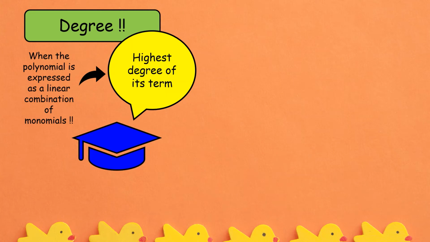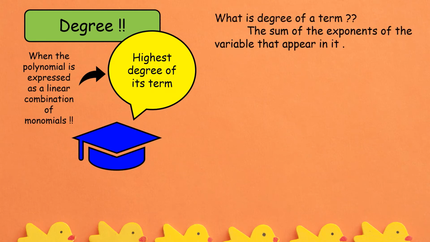Degree is defined as the highest degree of a monomial within a polynomial. Thus, when a polynomial equation has one variable which has the highest exponent, that will be called the degree of the polynomial.